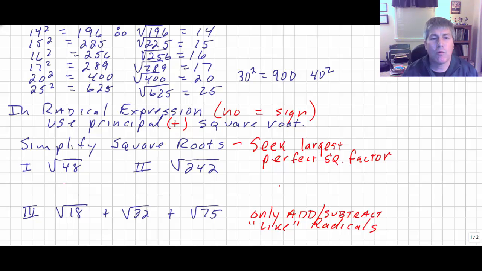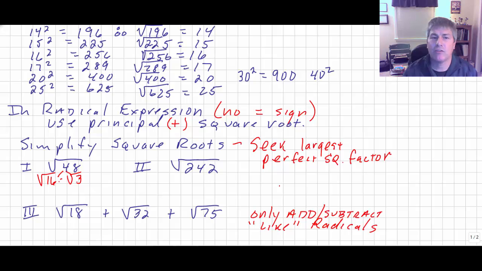So the square root of 48, you may recall from square roots that we can take the factors of those square roots. You could take the square root of 6 times the square root of 8, but there are no perfect square factors in there. So our highest perfect square factors that we want to use would be the square root of 16 times the square root of 3. So that is the equivalent of the square root of 48.